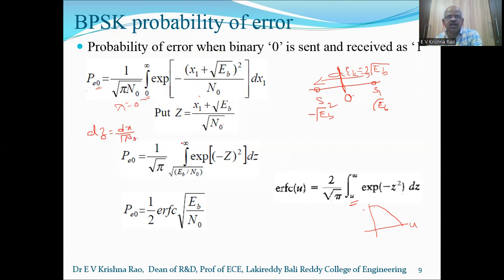So then the integral of e power minus z square, with dx equal to dz into root N naught.